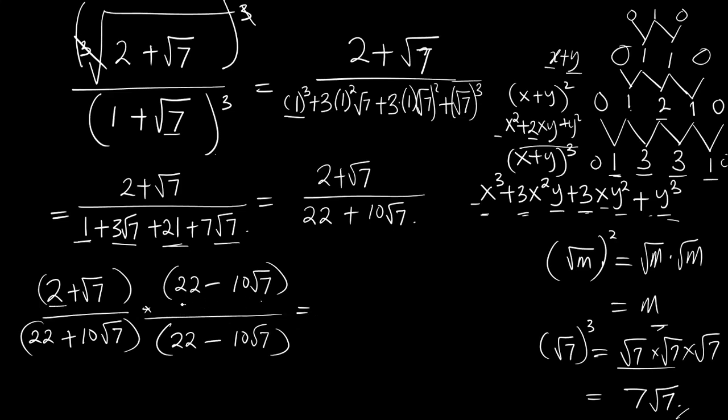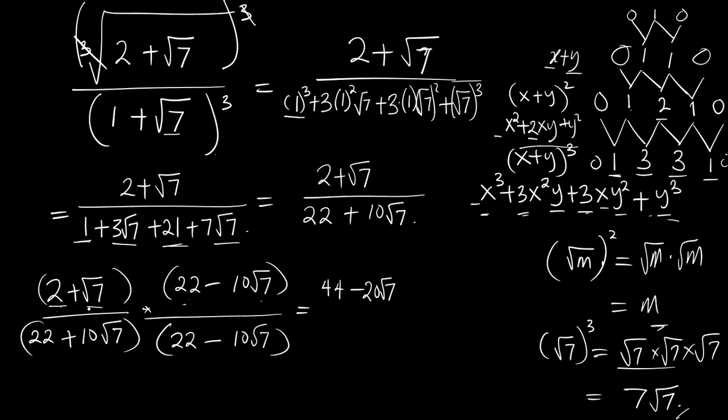So this will now be equal to, now we are going to use this 2 to multiply the whole of this. So 2 times 22 will give you what? 44. 2 times minus 10 root 7 will give you minus 20 root 7. Then here we use this root 7 to multiply. We will use square root of 7 to multiply the whole of this.